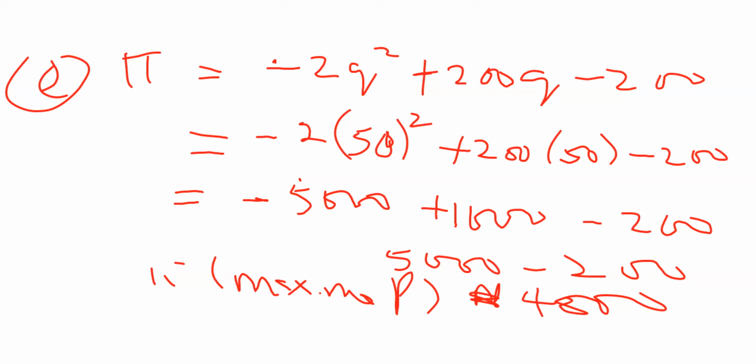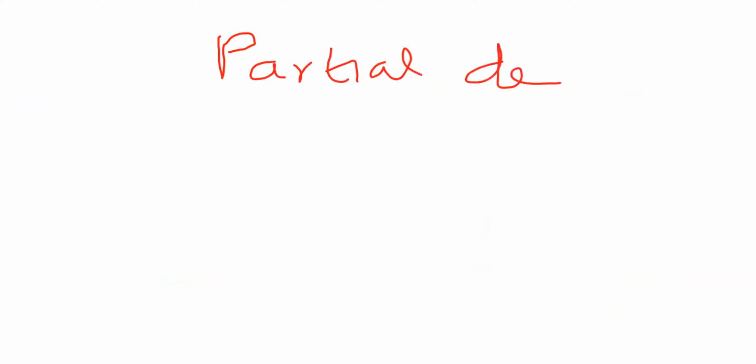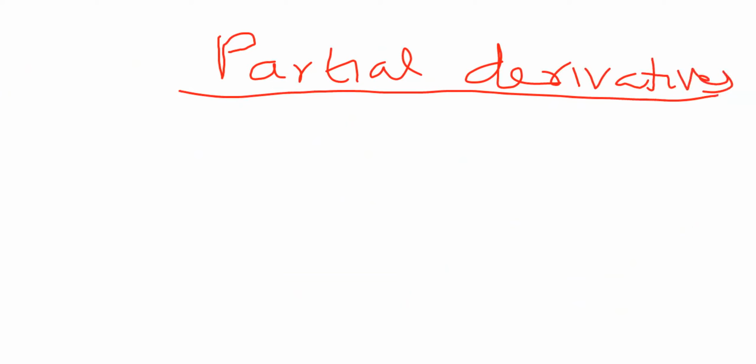The next thing here is partial derivative. Let's just take two questions and give you something to try. The word partial is very clear. That means you can have more than one variable in it, and you're expected to solve.